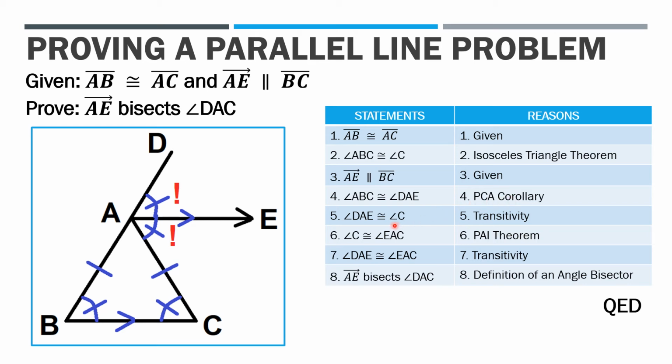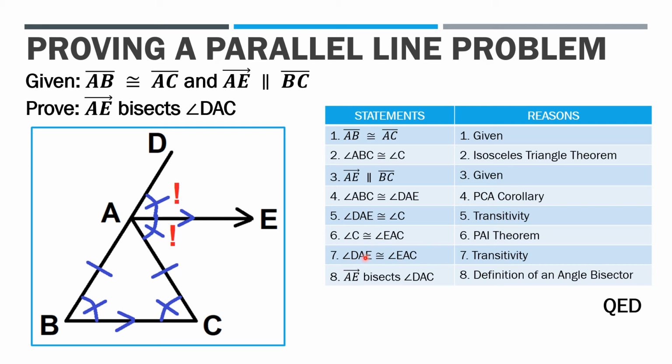Statement 5 states that angle DAE is congruent to angle C by the reason of transitivity. Statement 6 is another consequence of statement 3 on alternate interior angles, which states that angle C is congruent to angle EAC by the reason of the PAI or parallel alternate interior theorem.